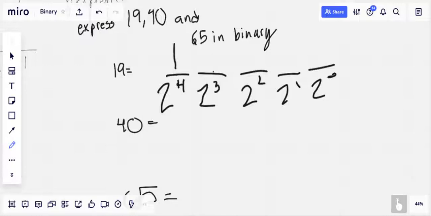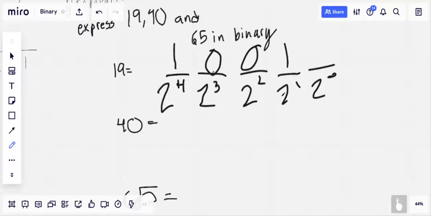So we go down our list of powers of 2 and see which one would work. 2 to the power 3 is 8, that's too much. 2 to the power 2 is 4, that's also too much. 2 to the power 1 is 2, and that works. We write a 0 on top of the ones that don't work, and a 1 on top of the ones that did work.